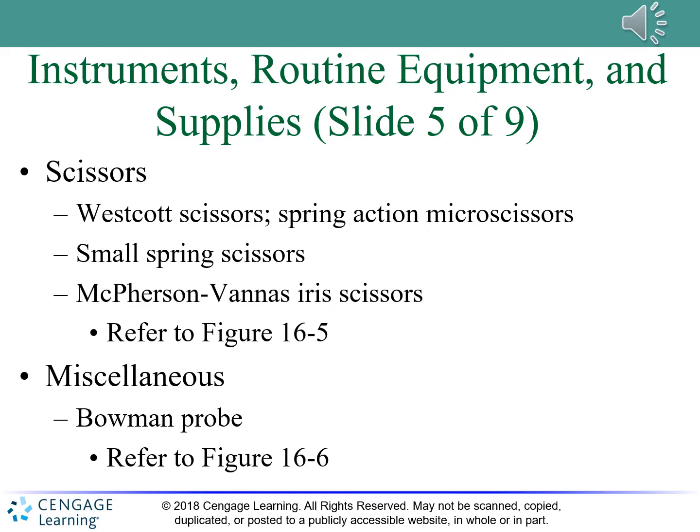So the Westcott scissors are going to be in that kind of procedure. Also at the bottom, there it is again, the McPherson Vannas iris scissors. So McPherson. And then under the miscellaneous, there's the Bowman probe. It's for probing the lacrimal duct. And lacrimal is that facial bone along the zygomatic bone and palate. It helps to form the orbit of the eye.